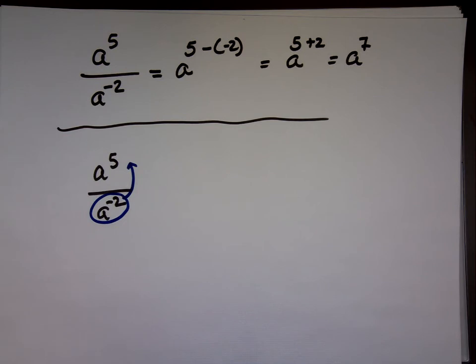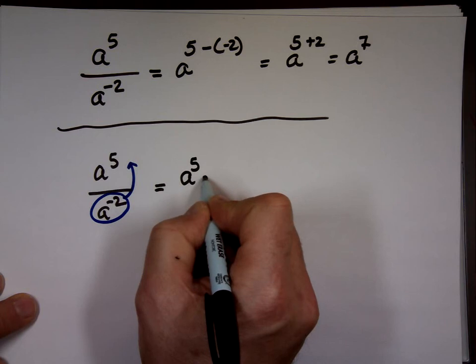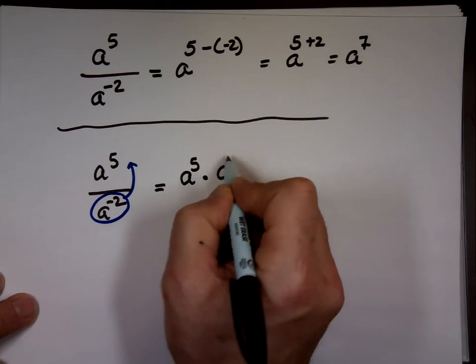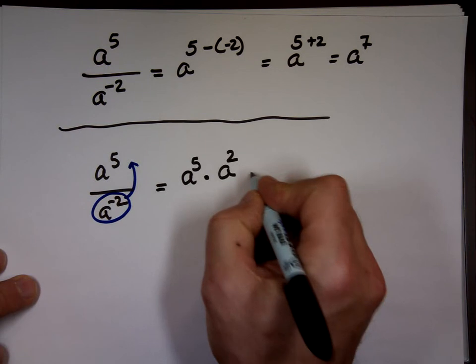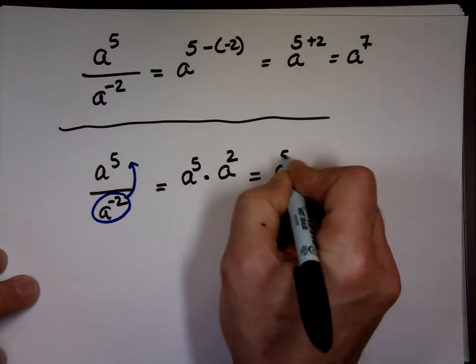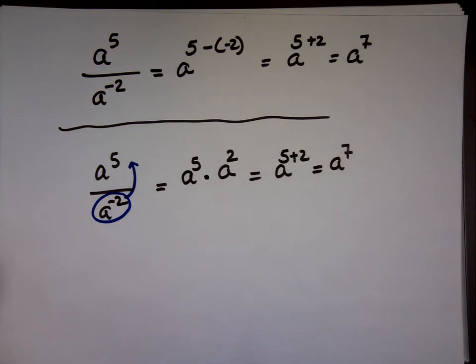This problem becomes a to the 5th times a to what power? 2. And when you multiply, what do you do with the exponents? Don't you add them? Yep. A to the power of 5 plus 2, which is a to the 7. So a lot of people who are not fans of negative exponents, that's what they do.